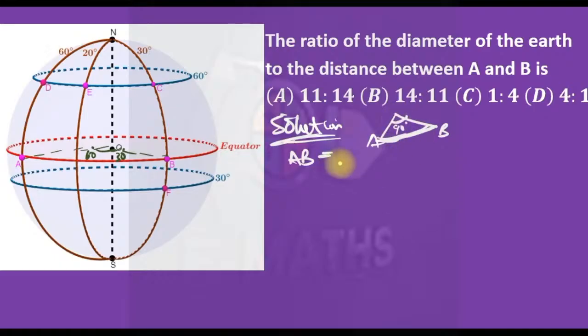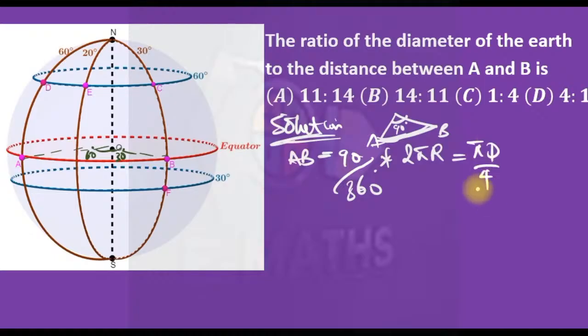So the length of arc AB is now 90 over 360 times 2 pi r. Yes, because the radius of the equator is the same as the radius of the earth. It's a big circle, and we're asked to find the ratio of the diameter. This is the circumference, so we can write it as pi d. So pi d over 4.